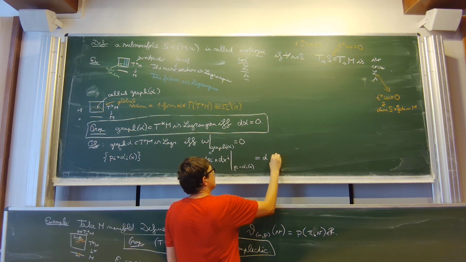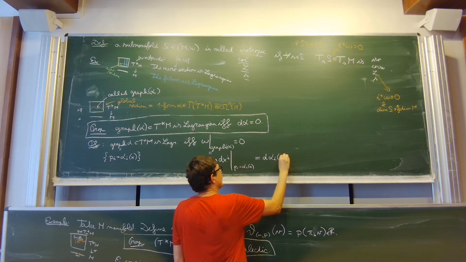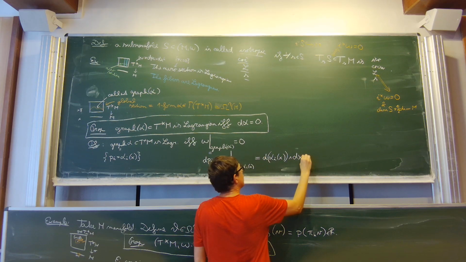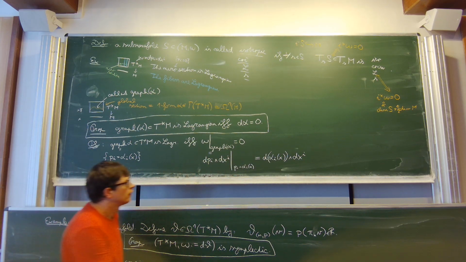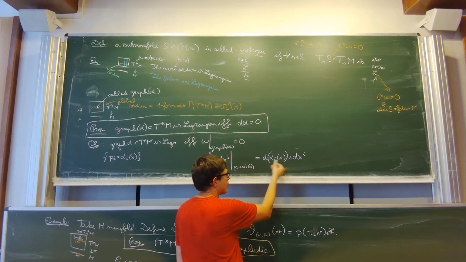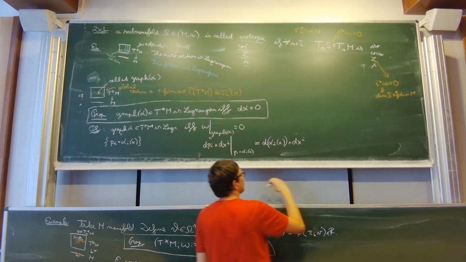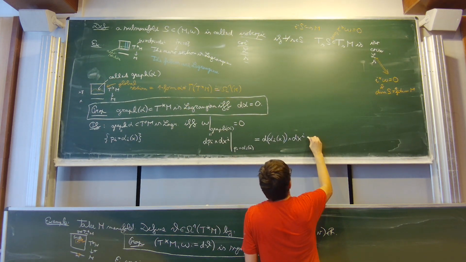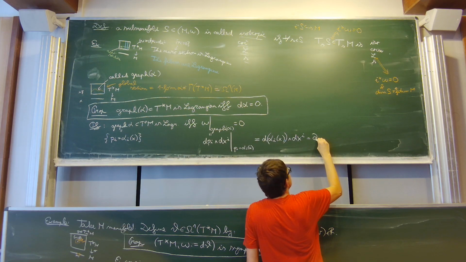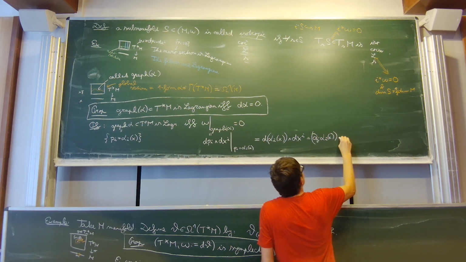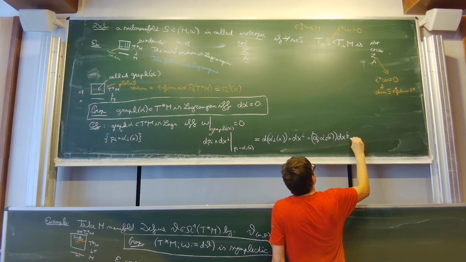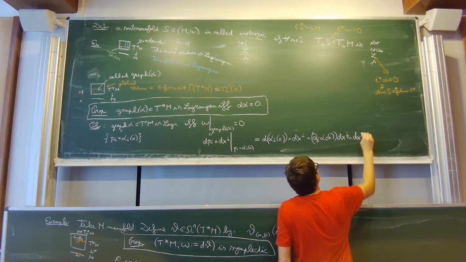So what you get is d alpha_i of x wedge dx_i. This is just a bunch of functions indexed by i. So how do I calculate the differential of a function? I take a derivative with respect to some other variable, let's say j, so partial alpha_i by partial x_j, dx_j wedge dx_i.